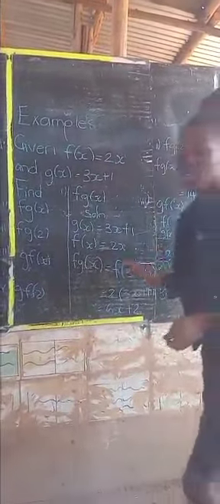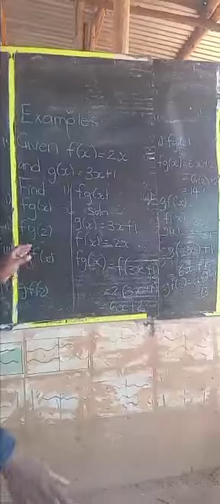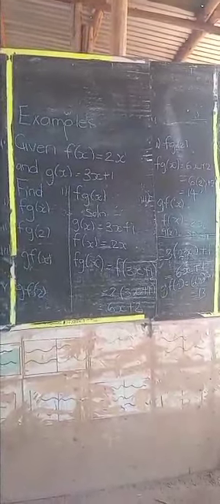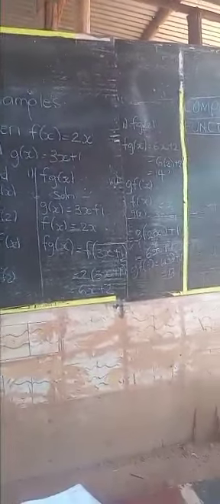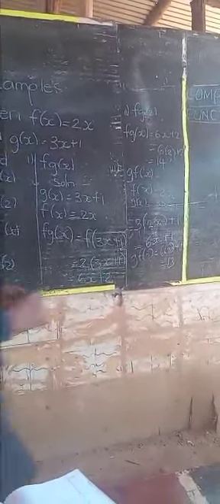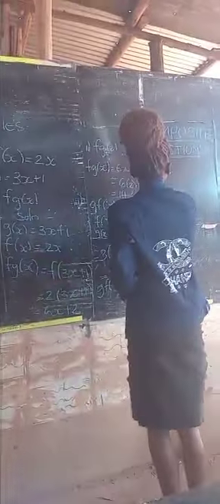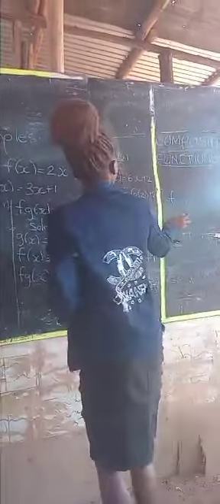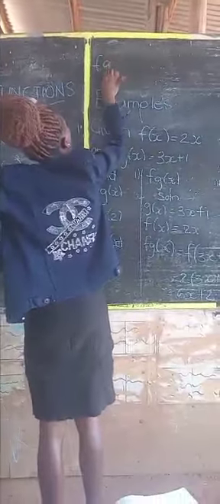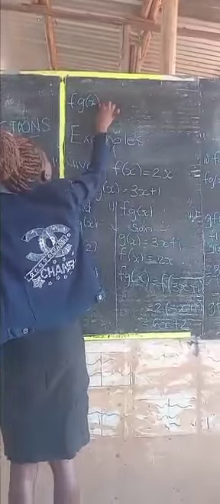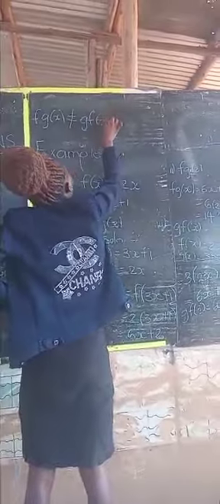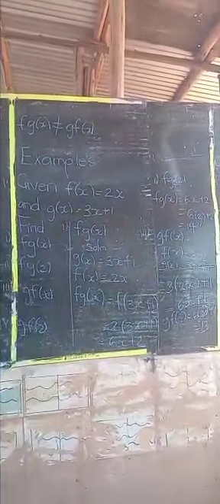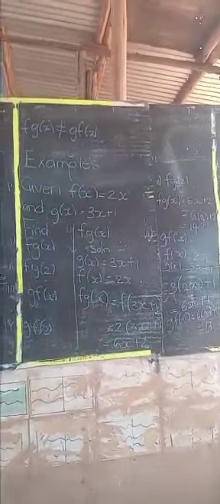And this gives us a conclusion that for any two functions f and g, f(g(x)) is not equivalent to g(f(x)), according to the solutions we have got in our first example.